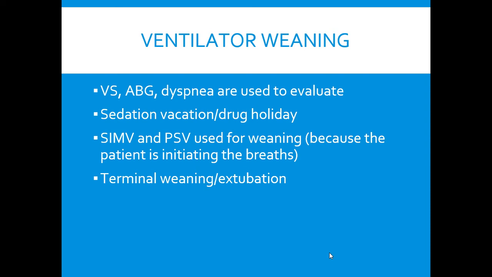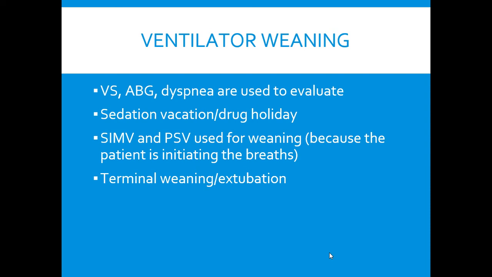We'll want to monitor vital signs. We'll do ABGs, and they might even draw an ABG during the ventilator weaning trial. And then dyspnea. Vital signs, ABG, and dyspnea are really the 3 things we'll look at to evaluate if they're ready to be weaned off the ventilator.